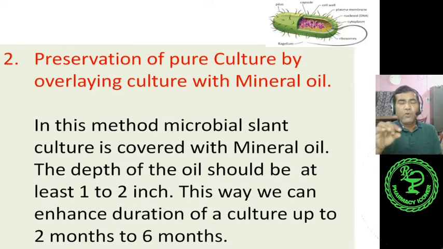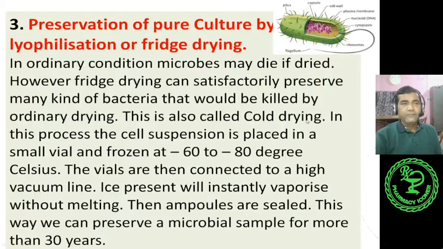We pour some inert mineral oil like paraffin oil to it, and the depth of the oil should be 1 to 2 inch. However, lower depth may also be used, but the standard procedure is 1 to 2 inch. This way we can extend the duration of the culture up to 2 to 6 months.